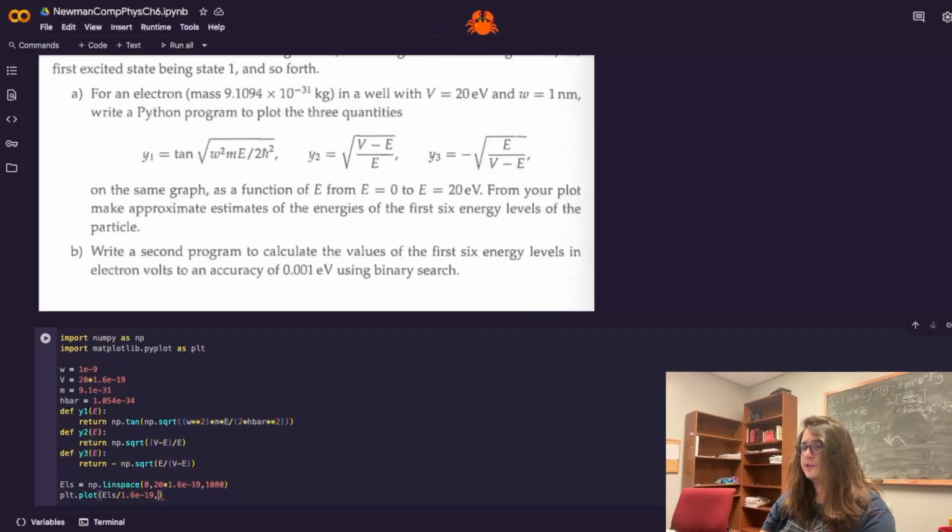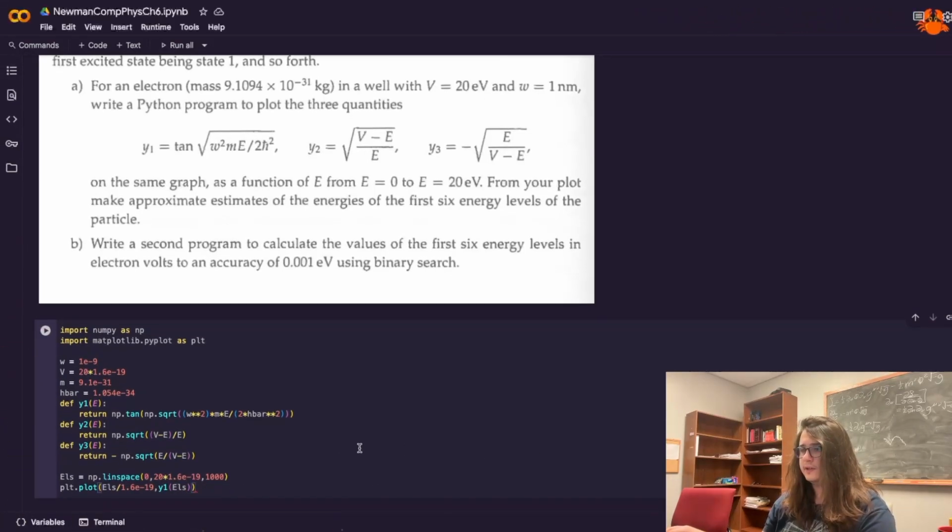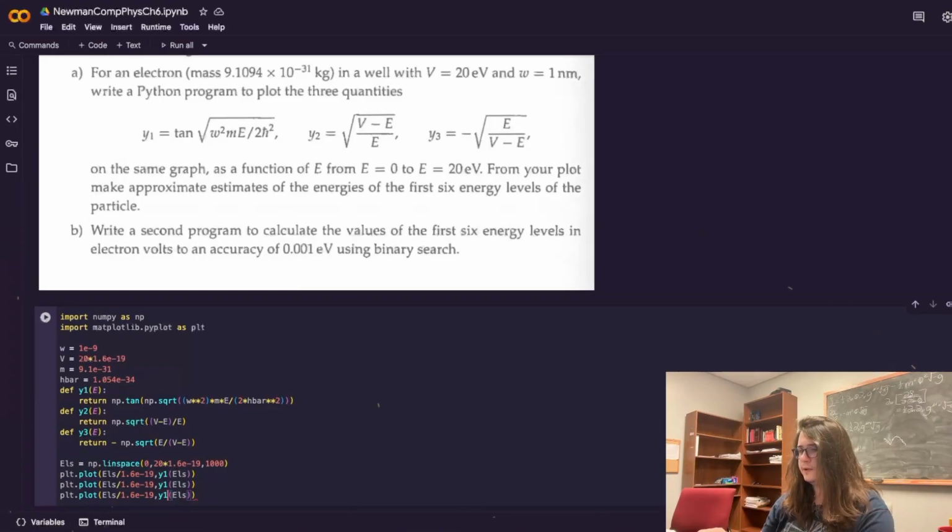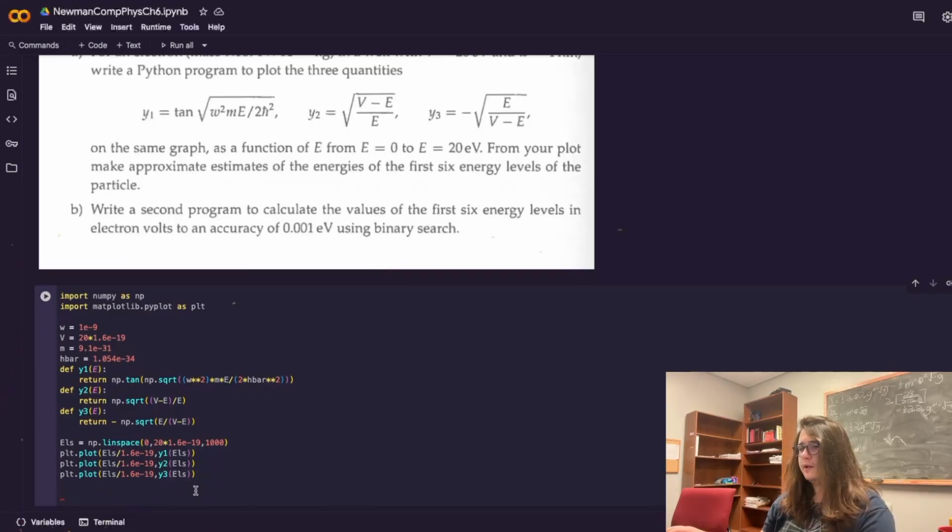But then each of the y functions are dimensionless, so we can just plot it against y of ELS. I'm going to copy this plot line down a couple more times to do y3 and y2, and I'll tell you right now that the tangent function here is problematic because tangent tends to shoot off towards positive or minus infinity if the argument in it is about pi halves.